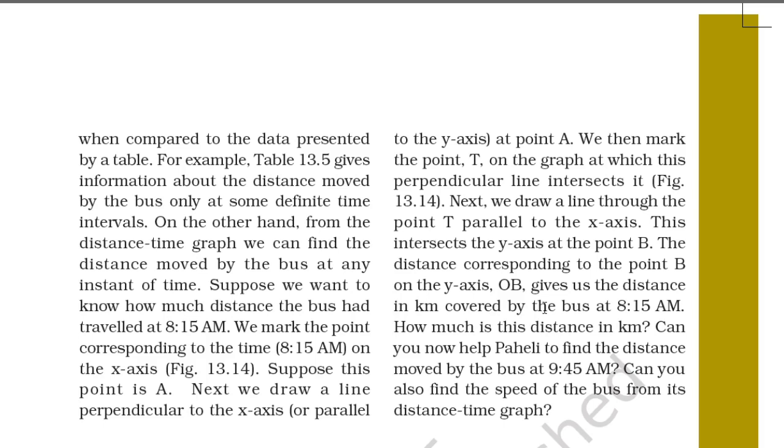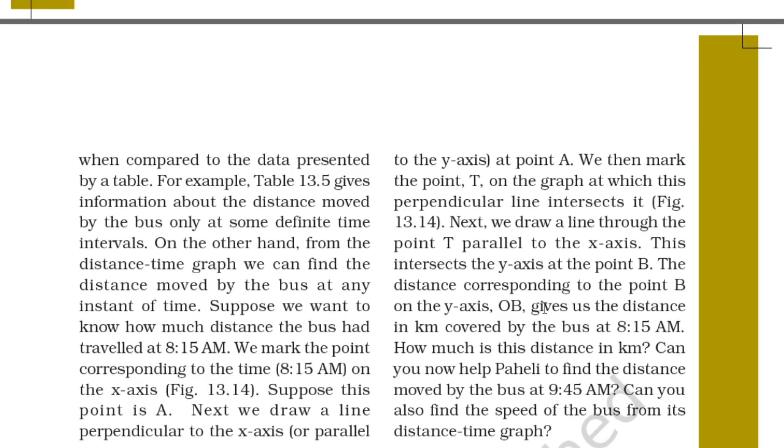Next, we draw a line perpendicular to the x-axis, or parallel to the y-axis, at point A. We then mark the point T on the graph at which the perpendicular line intersects it, as shown in figure 13.14. Next, we draw a line through the point T parallel to the x-axis.